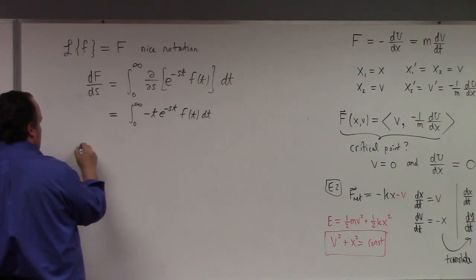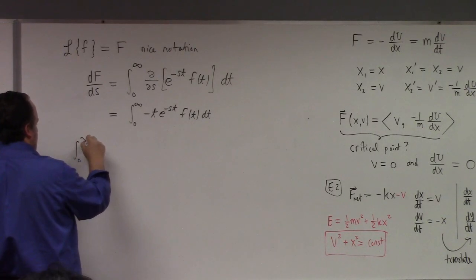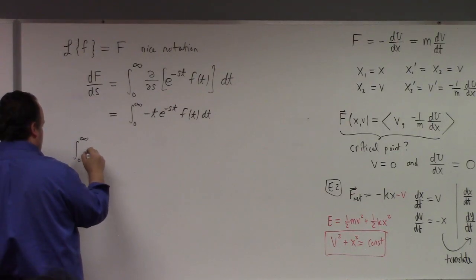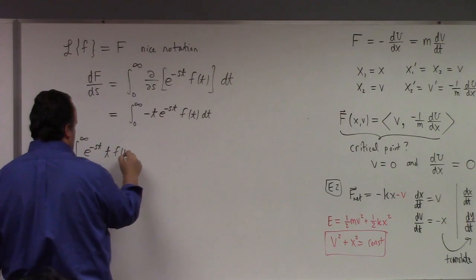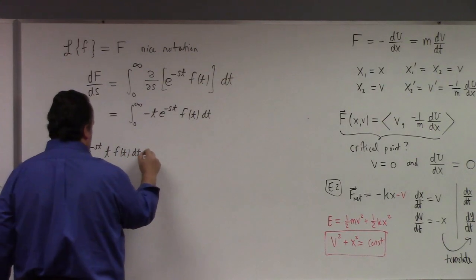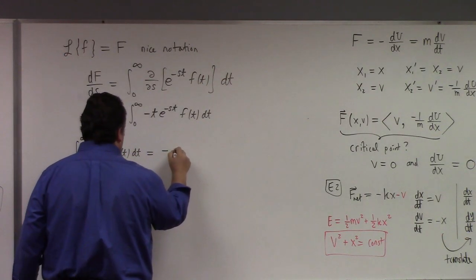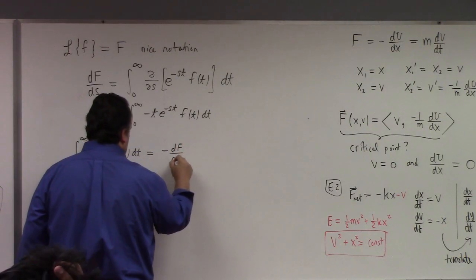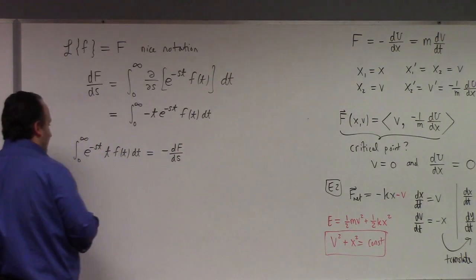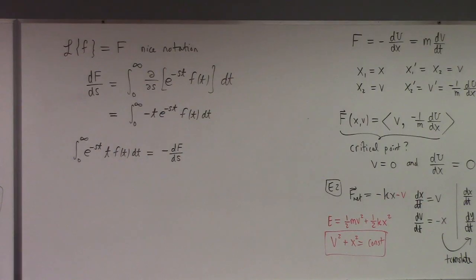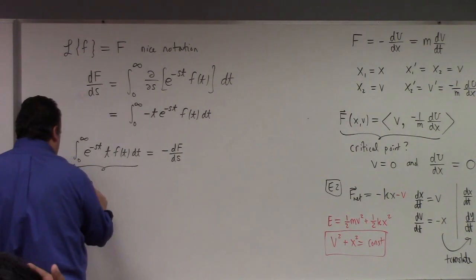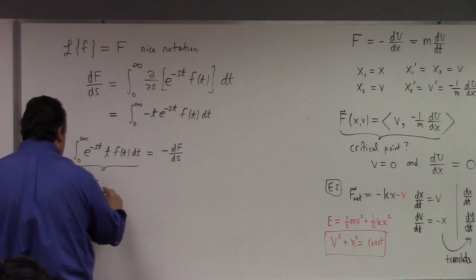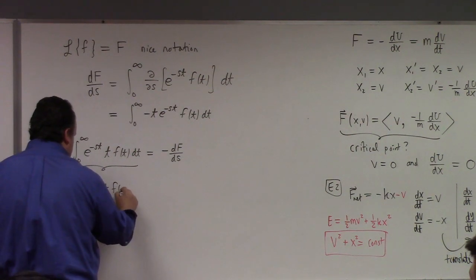So apparently, the integral from 0 to infinity of e to the minus st, right? Times t, f of t dt is equal to minus dF/ds. But what is this? It's the Laplace transform of t times f of t.